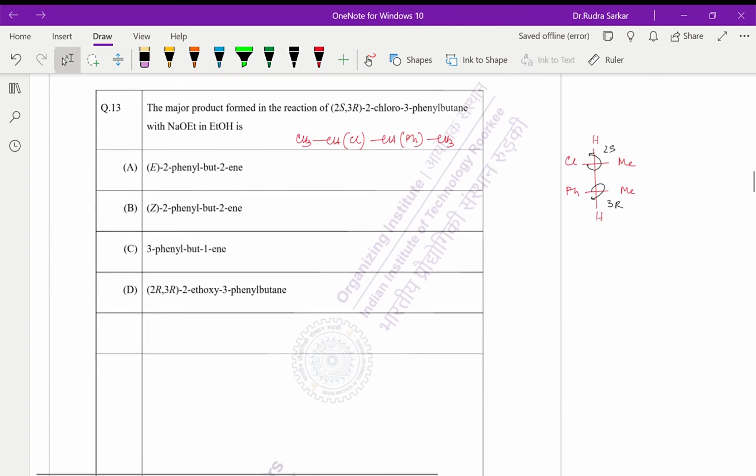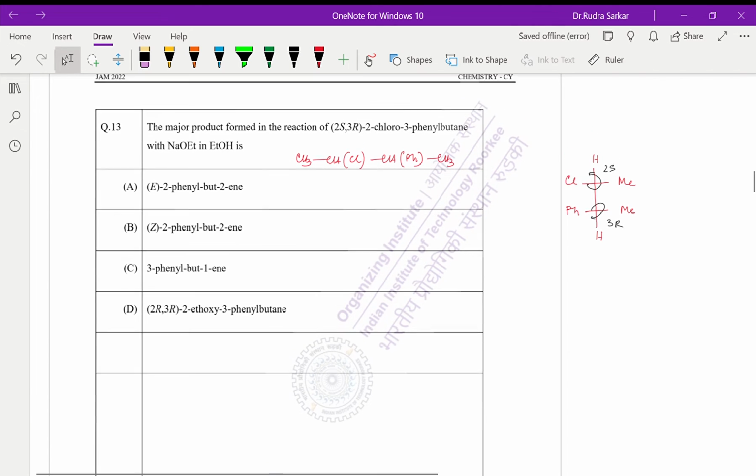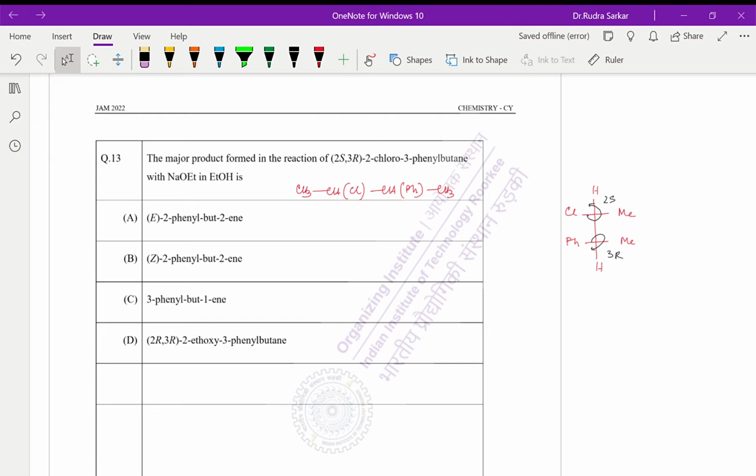Now all they are saying is A, which is an ene, means that it is only found when elimination takes place. So let's see the structure of this 2-phenyl butene. Basically it will be something like that.